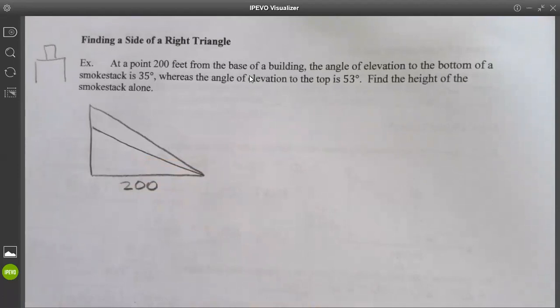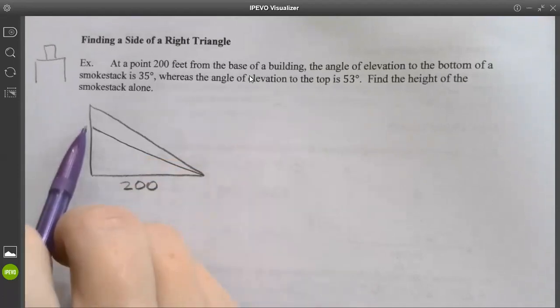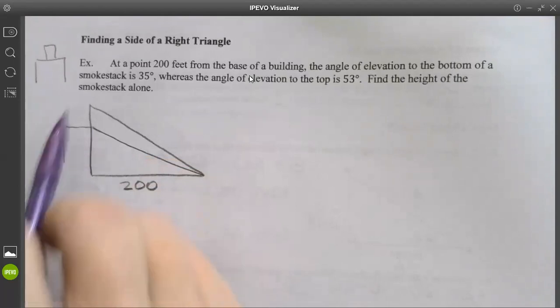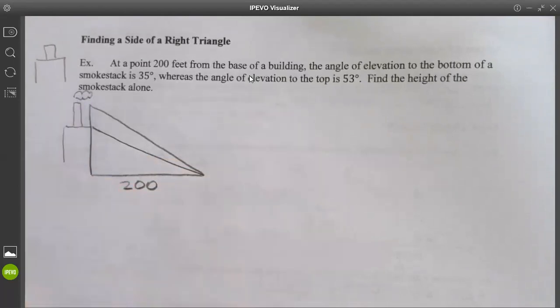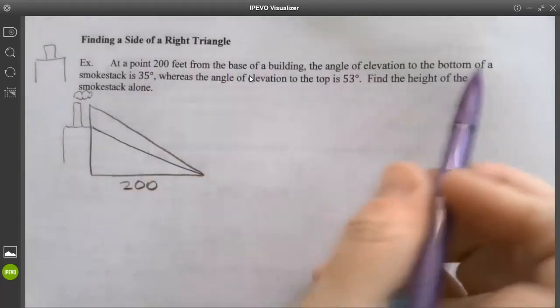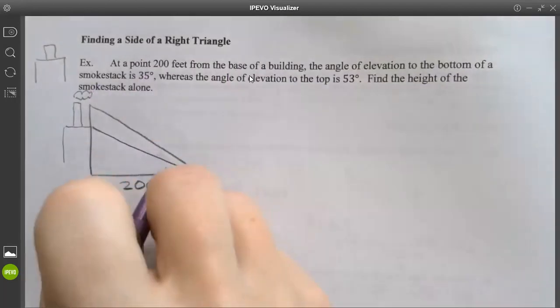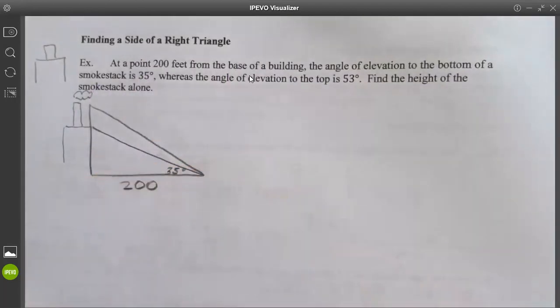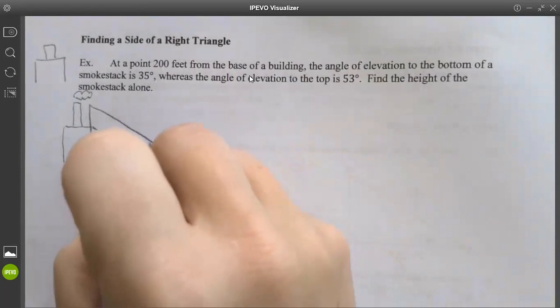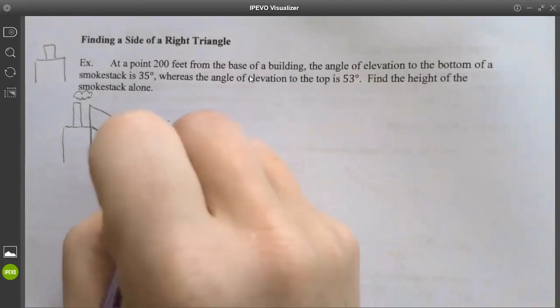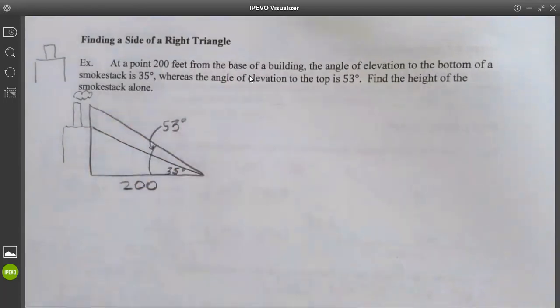The angle of elevation to the bottom of the smokestack, this will be the bottom. So we're looking at this building, and then we have a smokestack. Is everybody good? So from the base of the building, the angle of elevation to the bottom of the smokestack is 35, whereas the angle of elevation to the top, this one, is 53. Find the height of the smokestack alone.